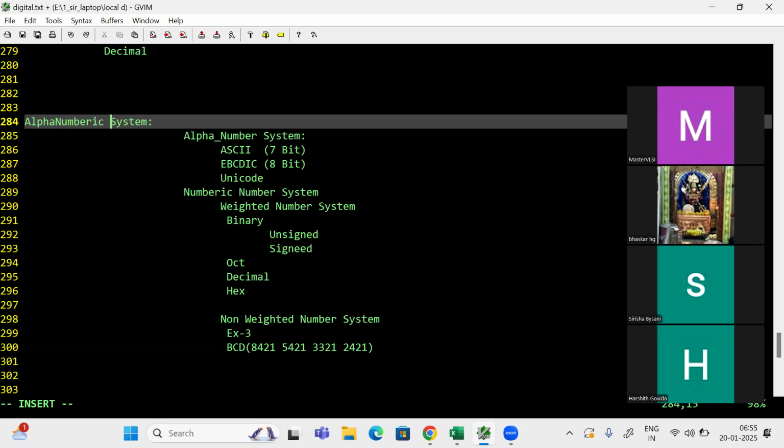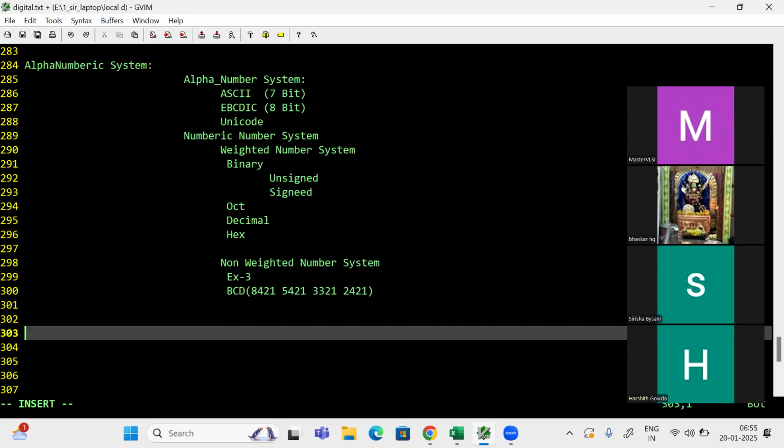Next, the number system you have learned. In that, again, you are asking weighted and non-weighted. Binary, octal, decimal, hex are weighted. Non-weighted means XS-3, BCD. BCD again, if you ask, different types of BCDs we have: 8421, 5421, 3321, 2421. Again, if you come and ask binary, I'll classify them into signed and unsigned. Clear? Any doubt till here?